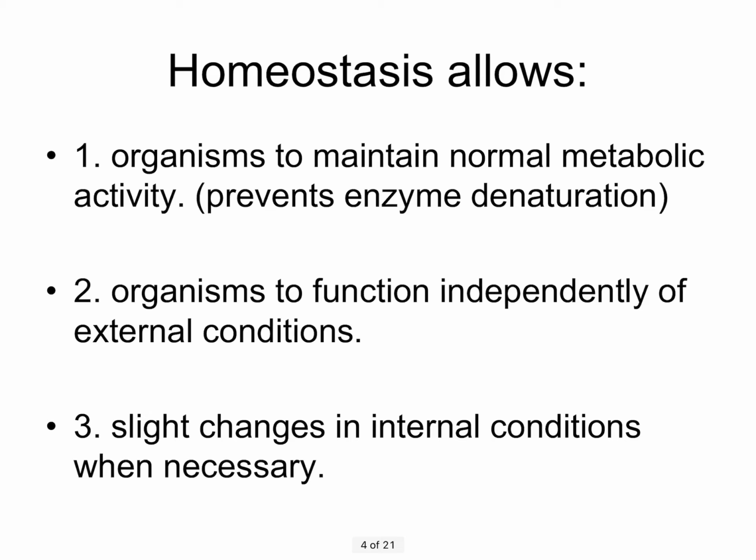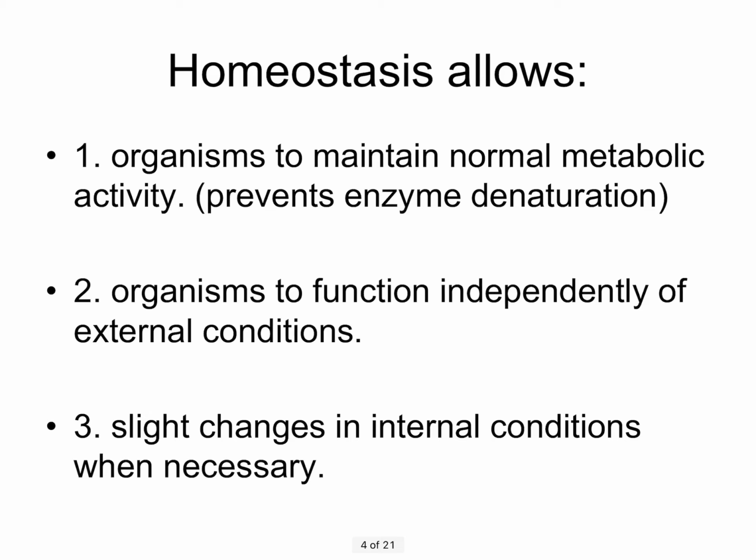Okay, now homeostasis allows three main functions, and we'll be talking about these individually in a minute. Homeostasis allows organisms to maintain normal metabolic activity. If your internal temperature increased or decreased dramatically, then remember about optimum temperature for enzymes. Our enzymes that control every single metabolic reaction in your body wouldn't be able to function properly.